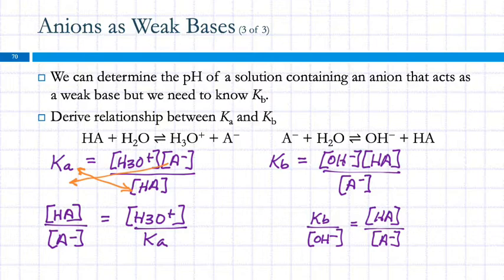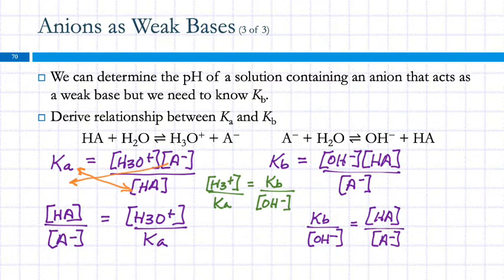So now I can say that H3O plus over Ka is equal to Kb over OH minus, because they are both equal to HA over A minus, right? So then they have to be equal to each other.